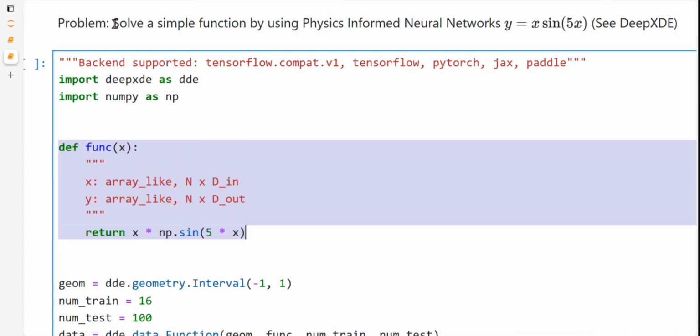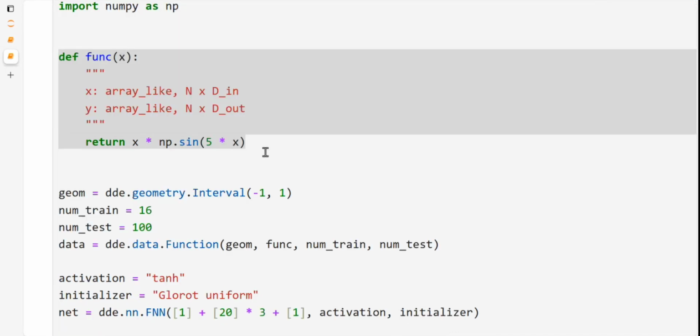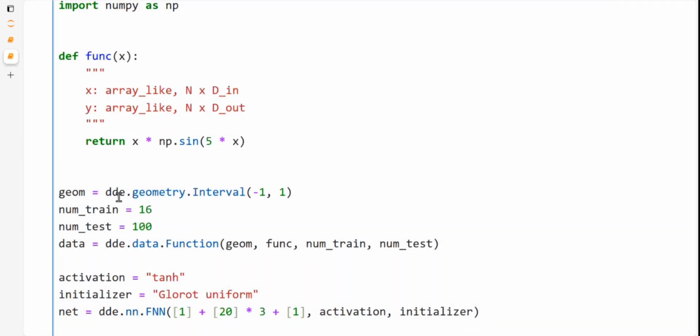In this problem, as you can see, there is no geometry given. So we can introduce a geometry that is already available in the DeepXDE library. You reach into the folder geometry, and then you can define the interval. The interval is from -1 to 1, and the output is geometry.